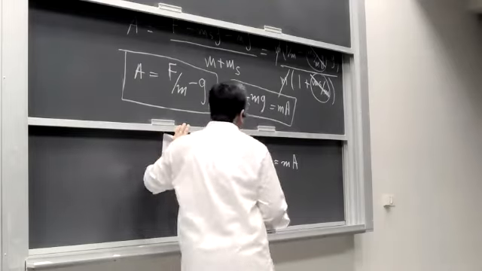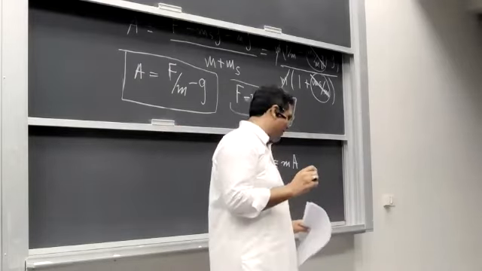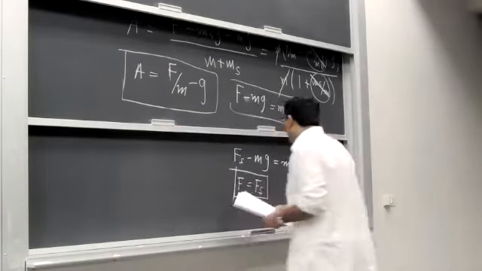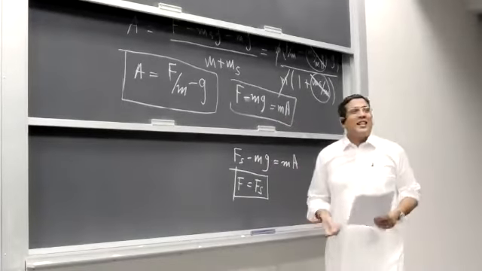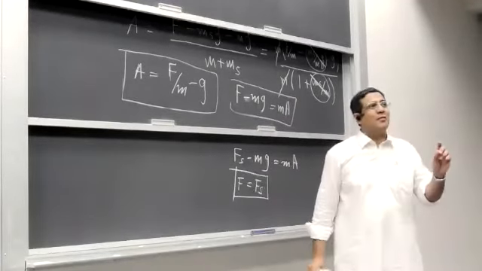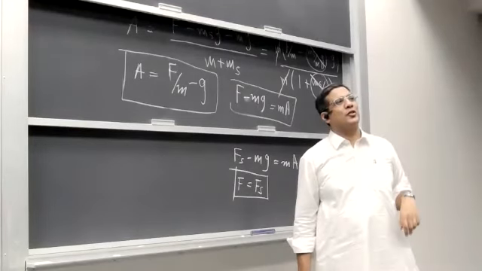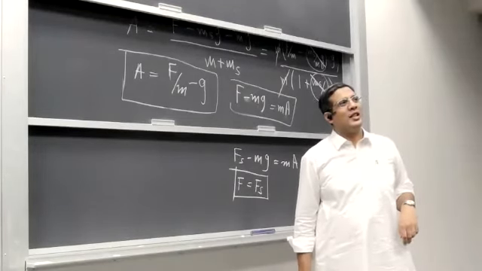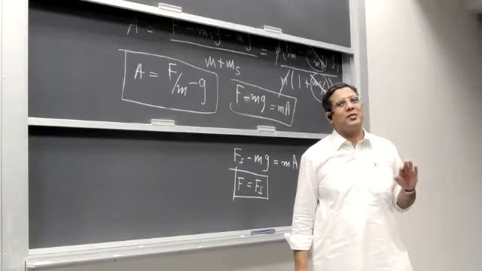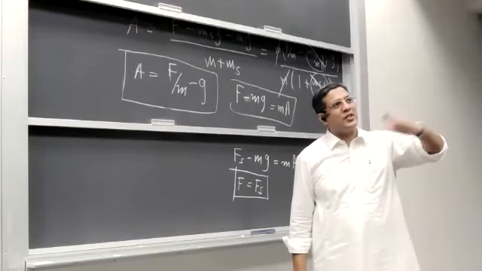And the whole point of this whole exercise, and let me say it very slowly, is that if you have a perfectly massless spring, you have a perfect transmission of force.